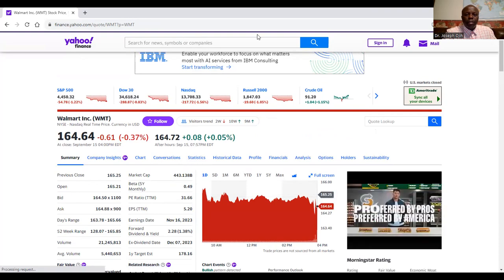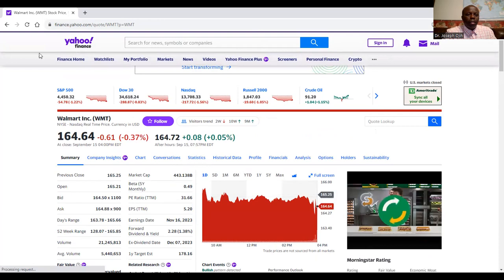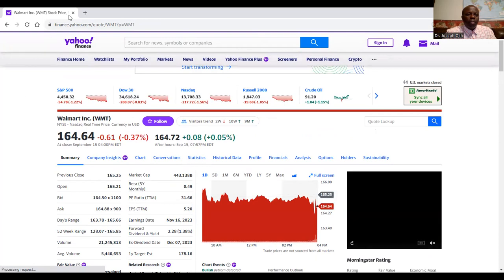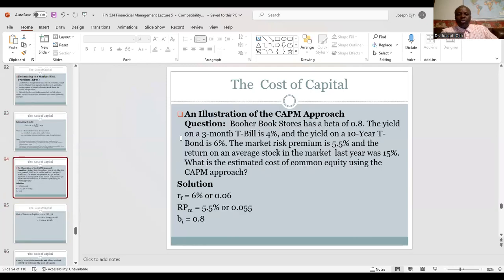Okay, let me just close Yahoo Finance. Now we can go back to our work. Now let's look at this example. It's an illustration. In this case, all the beta and all that information is given to us.